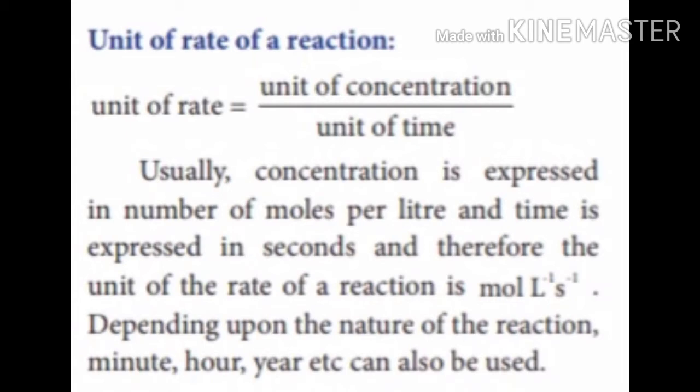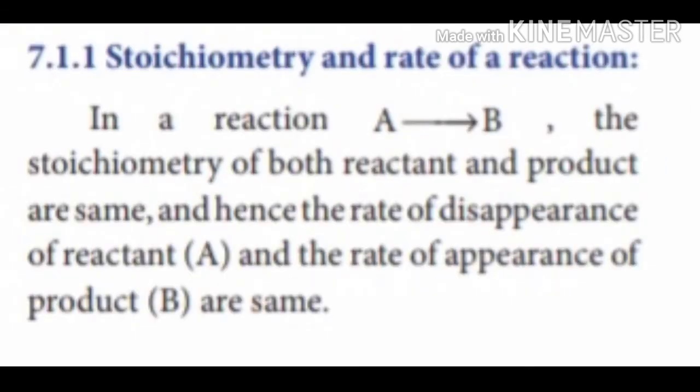Stoichiometry and rate of reaction. In the reaction A to B, the stoichiometry of both reactant and product is the same, so the rate of disappearance of reactant A and the rate of appearance of product B are the same. In the other case, for every mole of A that disappears, 2 moles of B appear.